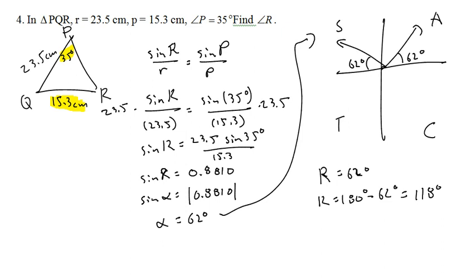Okay, well, let's see. 118 plus 35 is less than 180. So it looks like both of these are going to be possibilities.